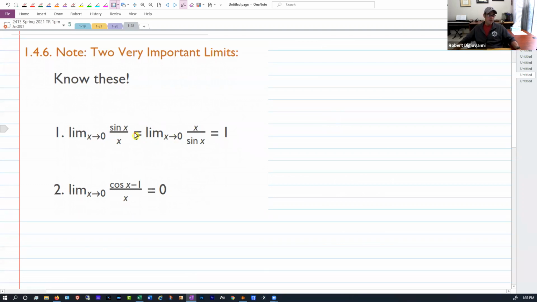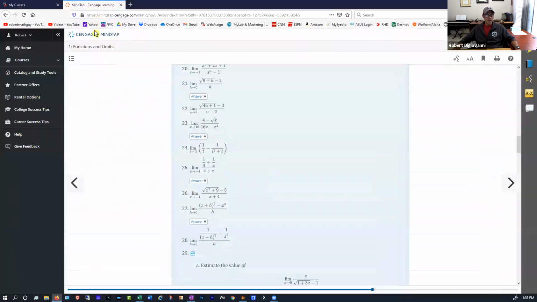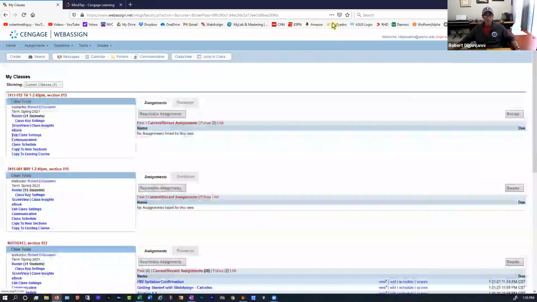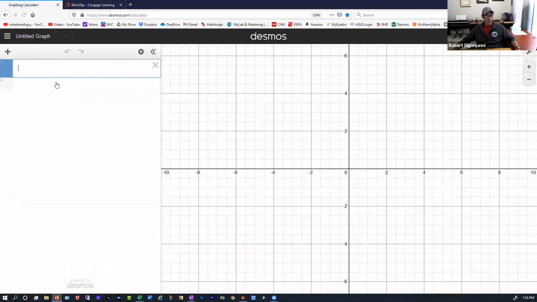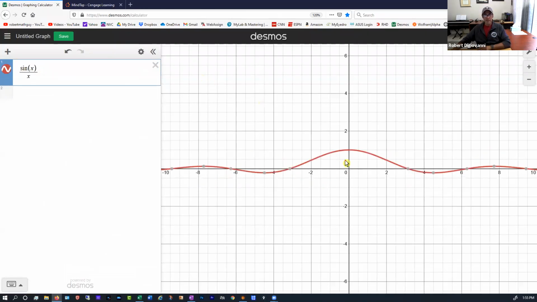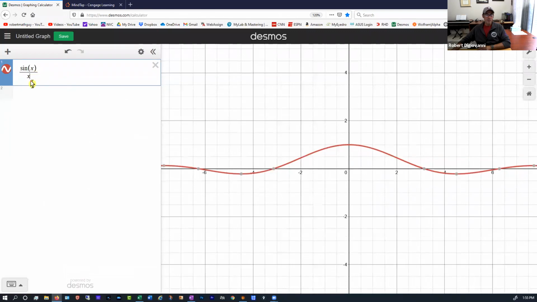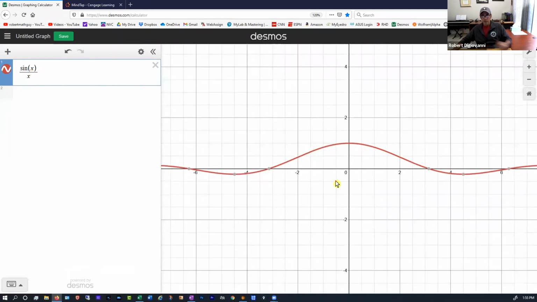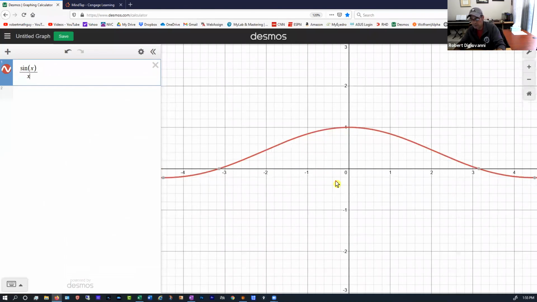So just so you are aware of what's happening graphically, if we take the graph of sine of x divided by x, here's the graph. Now, you can't plug 0 into this, because if you plug in 0, you get division by 0. So there is a hole there.